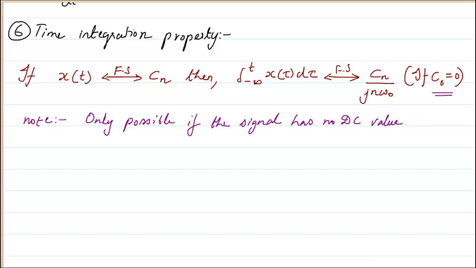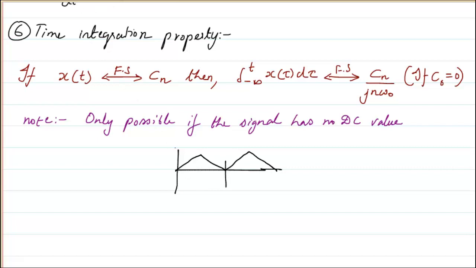That means C of 0 is equal to 0. That means if you take any signal that is periodic, and suppose you draw one period of the signal, then if you are having a signal like this, this is the periodic signal.